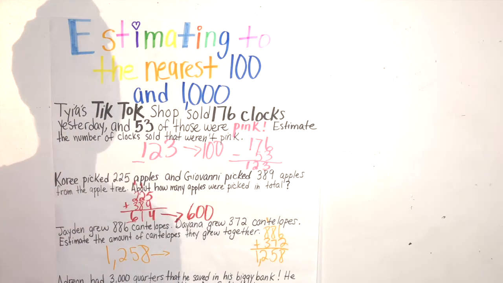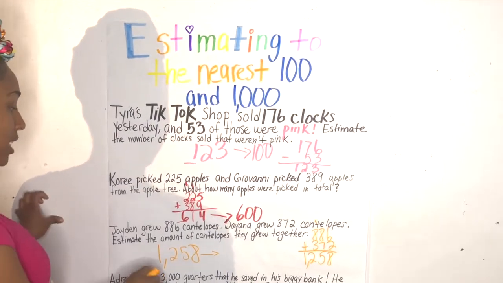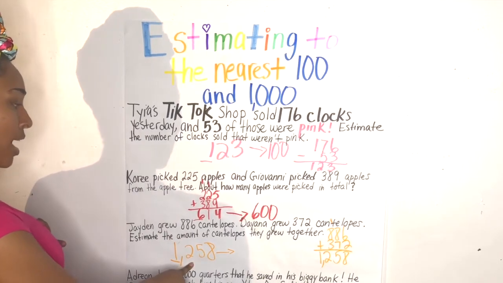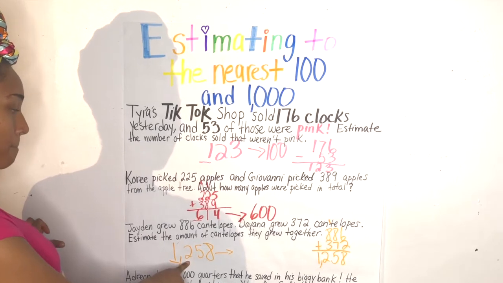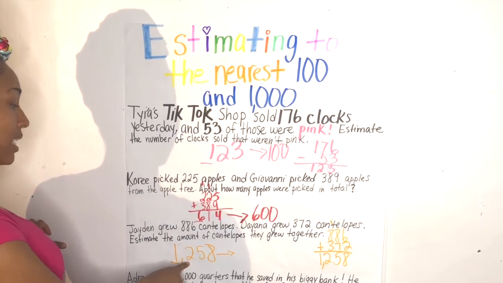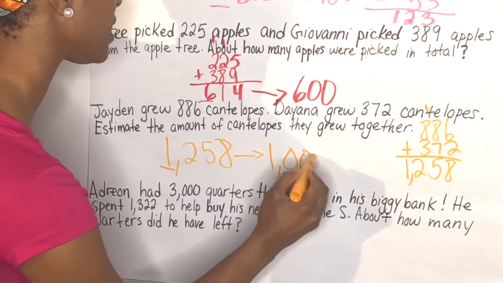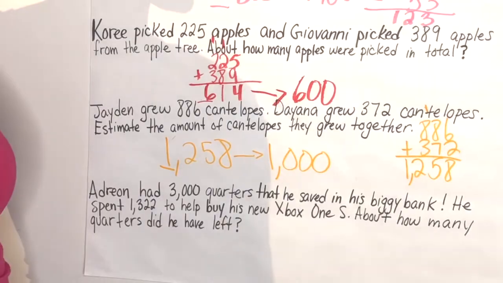Now I'm going to round or estimate to the nearest 1,000. So I look at this number, I underline it. Then I look next door. Does this tell me 4 or less or 5 or more? Yep, 4 or less. So I stay the same, and every number after becomes 0. So they grew about 1,000 cantaloupes.